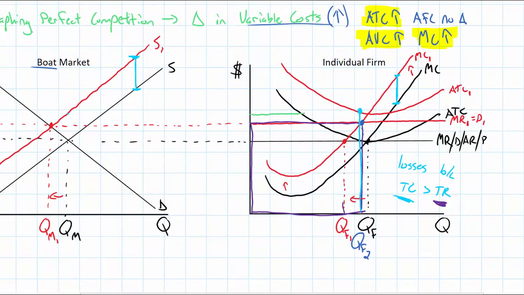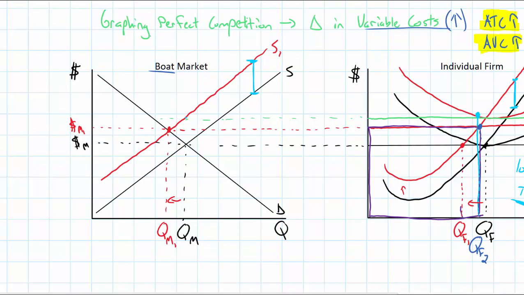new firm demand curve that's going to go right through all three of those. So this is going to be MR2, and it's going to be at this price here at the demand curve, where my supply curve is going to shift twice to S2.